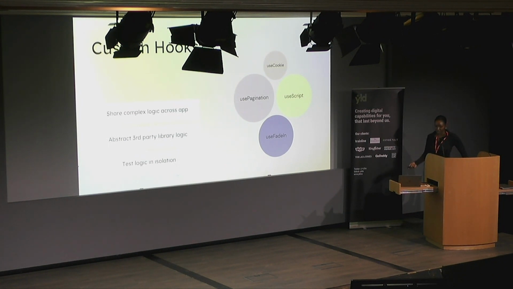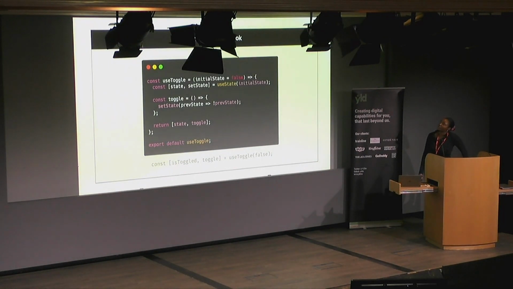And then finally, these are great for testing. So this is a quick example of a use toggle hook. I've said the word use many, many times already. So this basically returns a method called toggle, and then isToggled, which is a true or false value, and you use this for a form, for example, in your application.